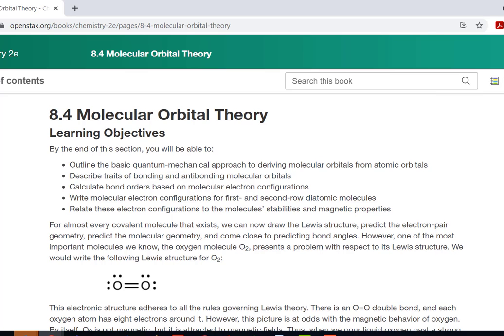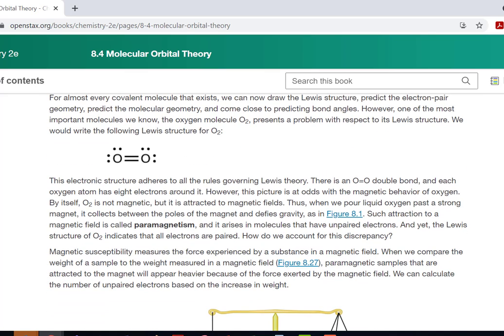So to set the stage for this, you might remember we talked about the fact that oxygen molecules are magnetic. So let's define what we mean by that. There's actually more than one type of magnetism that something can have.